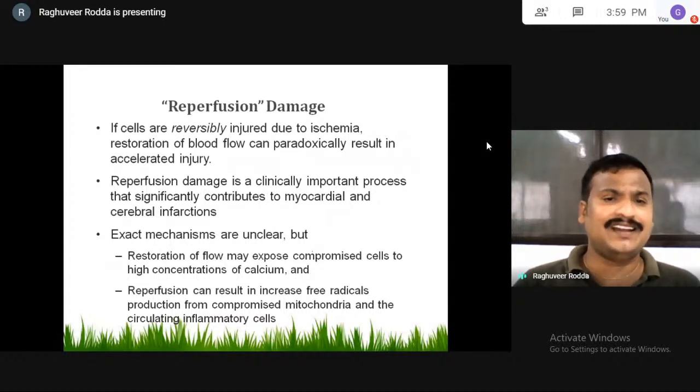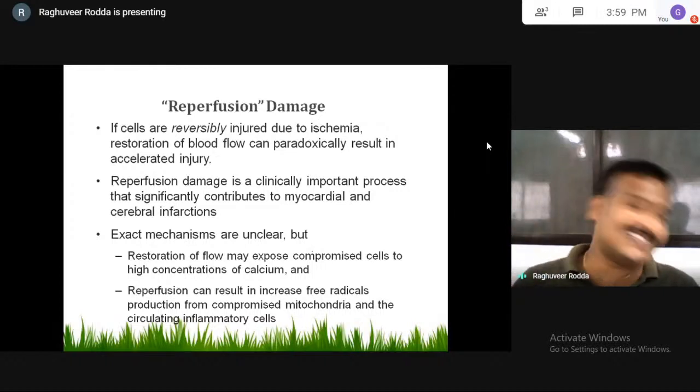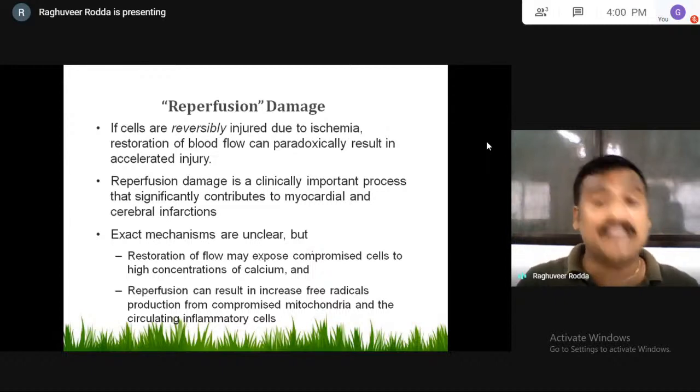If cells are reversibly injured due to ischemia, and you restore that reversibly injured cell with a very huge rate of perfusion, against the sudden increase of perfusion, the cell damage will be accelerated.